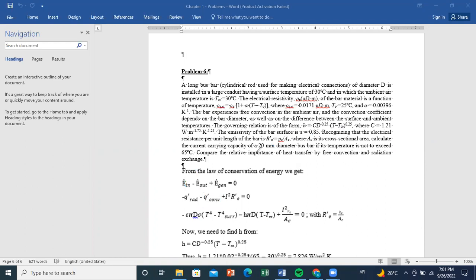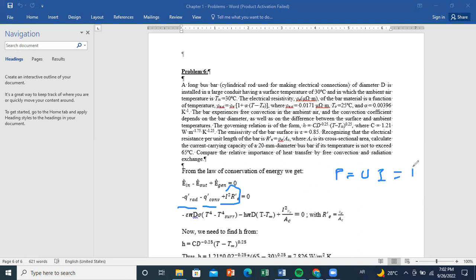Okay, so we can say that minus Q prime radiation minus Q prime convective, because they are getting out of the system, plus the generated flux is equal to 0. Now, why can this generated flux be written as I square R prime? As we mentioned already together, the power from electric current is U times I, which is R I square, okay?